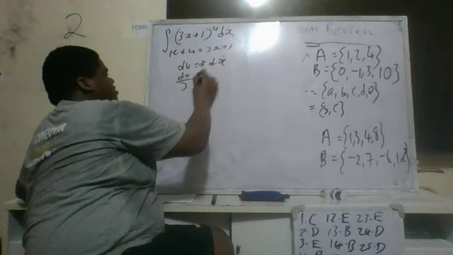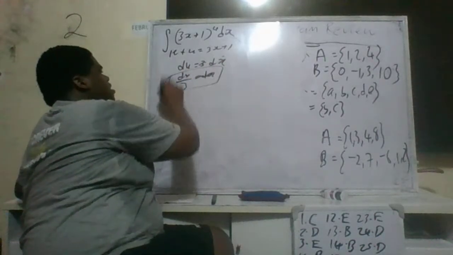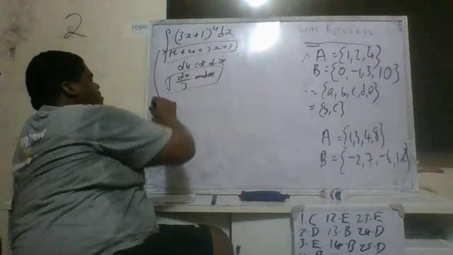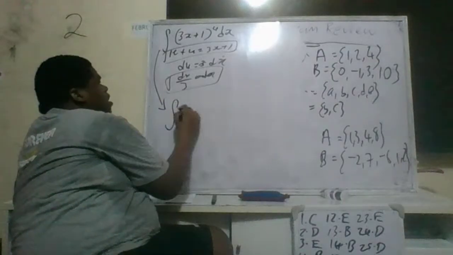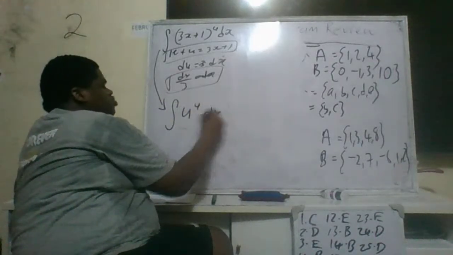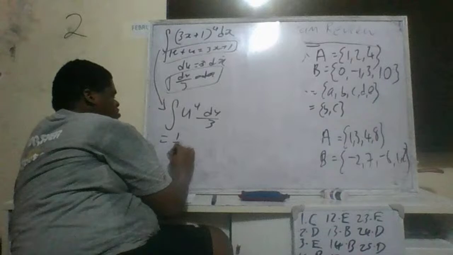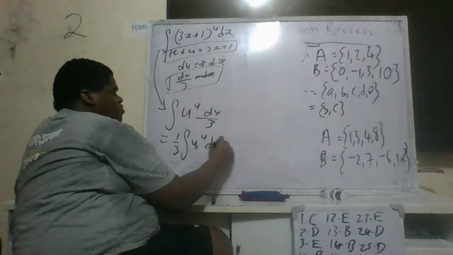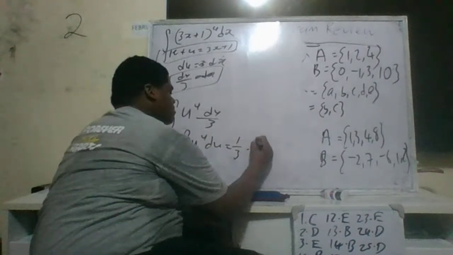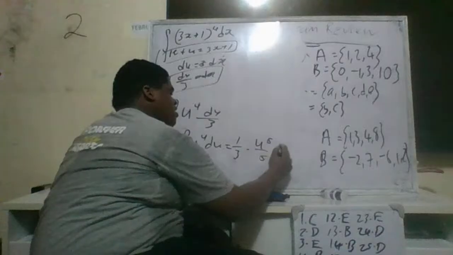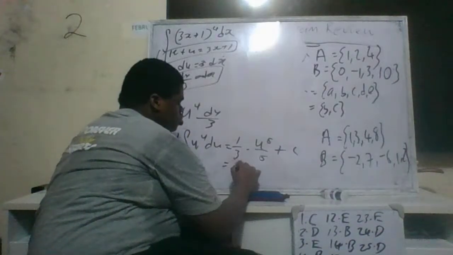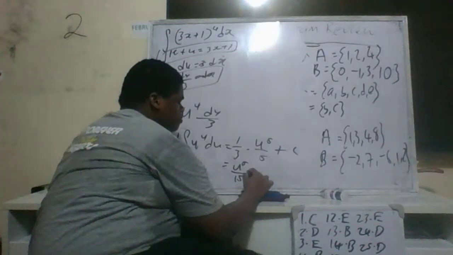That means du divided by 3 is equal to dx. We're going to use this to apply our u substitution. So we have the integral of u to the power of 4 du divided by 3, which is equal to 1 over 3 times the integral of u to the power of 4 du, which is equal to 1 over 3 times u to the power of 5 divided by 5 plus c, which is equal to u to the power of 5 divided by 15 plus c.